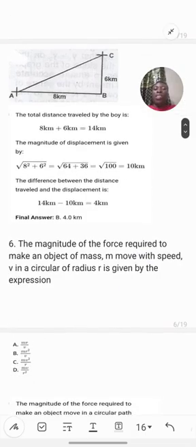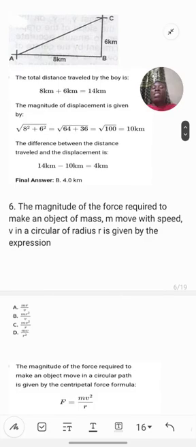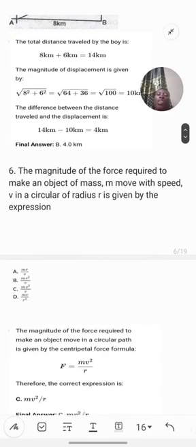Now to question 6. They say that the magnitude of the force required to make an object of mass m move with speed v in a circle of radius r is given by the expression. Okay, let me repeat that. The magnitude of the force required to make an object of mass m move with speed v in a circle of radius r is given by the expression. Okay, you remember centripetal force.